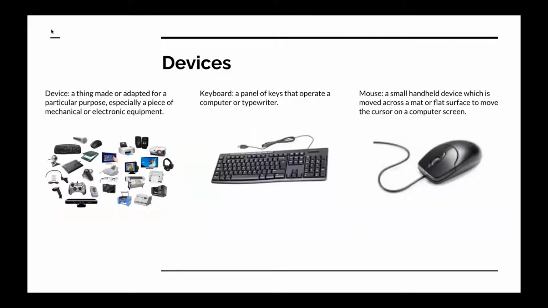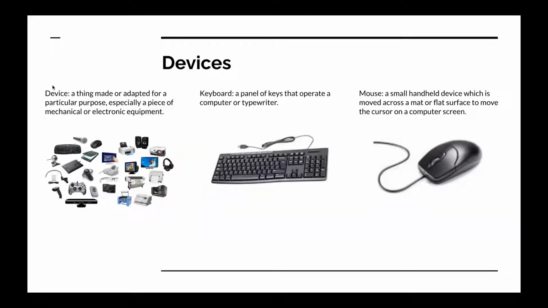Ethan, if you could do the next slide for me. Sure. So devices. A device is a thing made or adapted for a particular purpose, especially a piece of mechanical or electronic equipment.